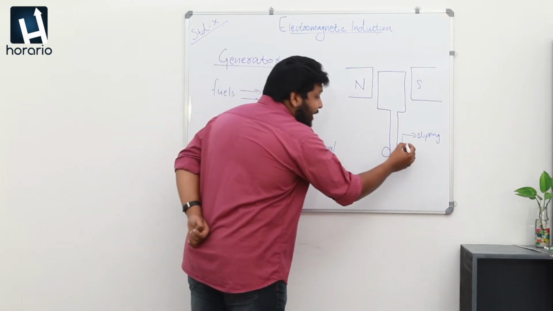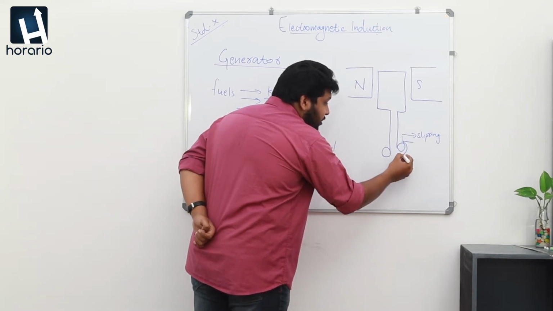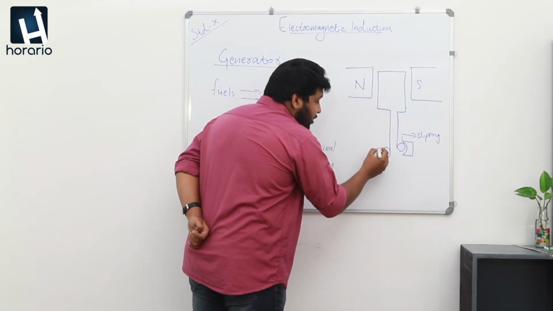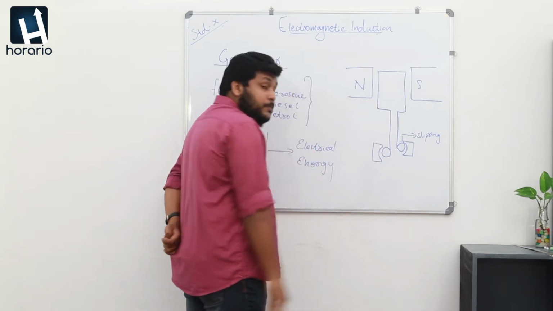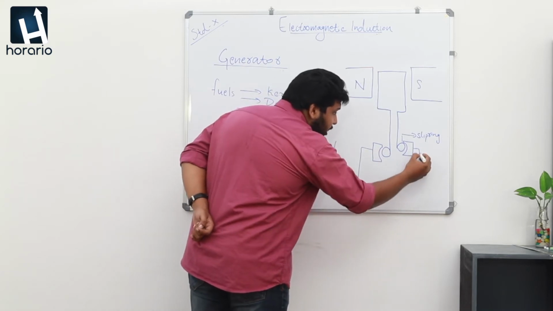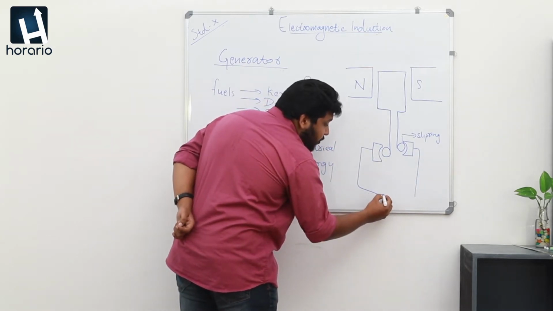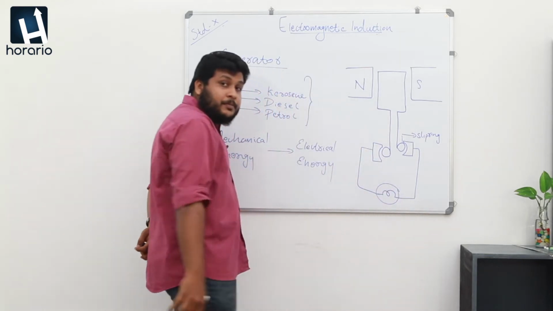And this slip ring is connected to a brush, and the brush will eventually connect it to a circuit from which we can harvest the electrical energy.